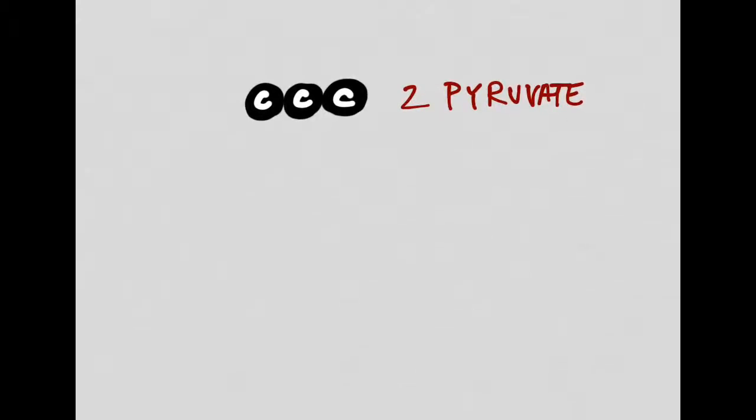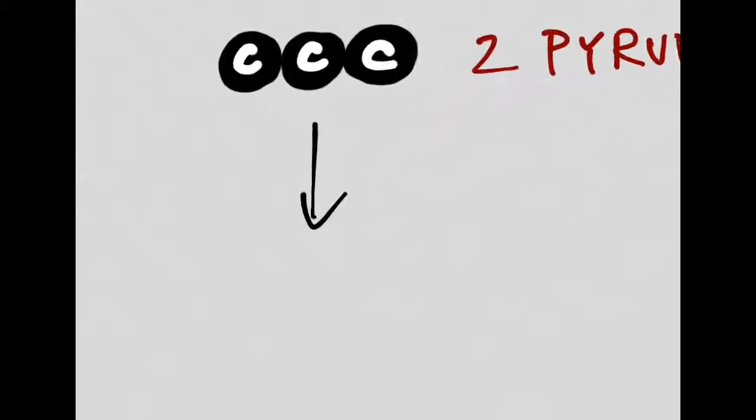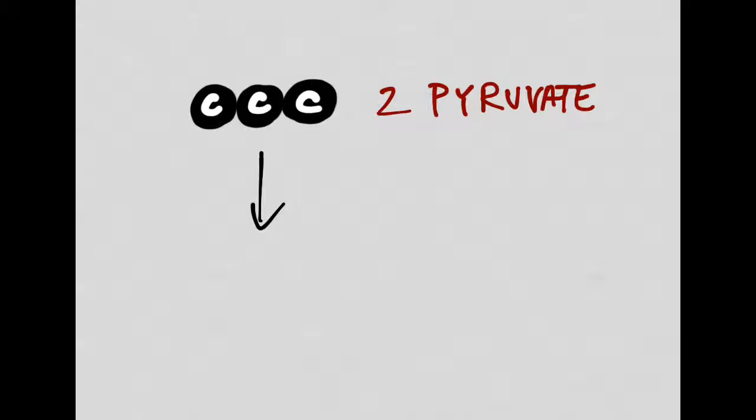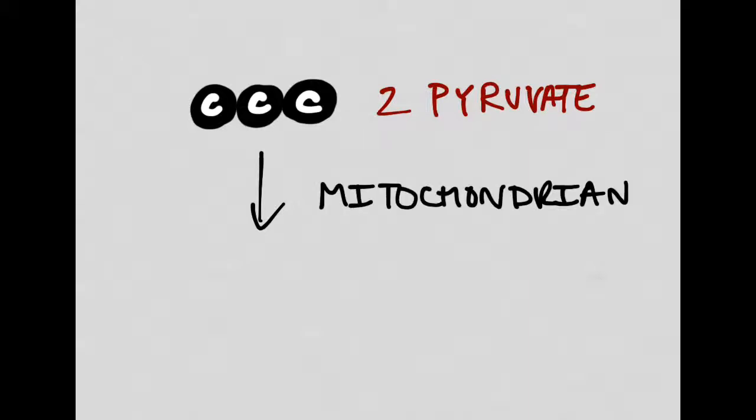So you remember, after glycolysis, we end up with 2 pyruvate. Glycolysis is happening in the cytoplasm of the cell, and these 2 pyruvate are going to move into the mitochondrion for the prep steps. I'm going to write mitochondrion right here.